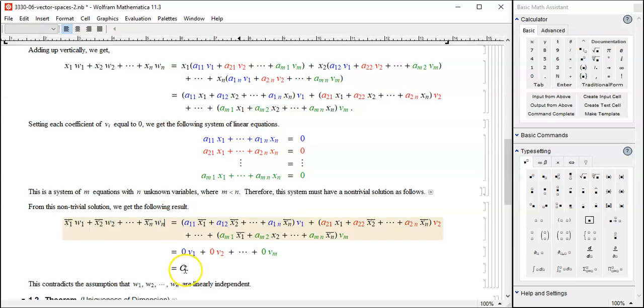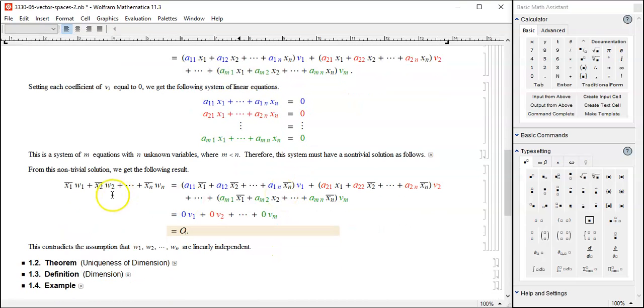So this linear combination is 0, yet not all of x1 bar, x2 bar, all the way up to xn bar are 0. Non-trivial. So this contradicted our assumption that w1, w2, up to wn are linearly independent.